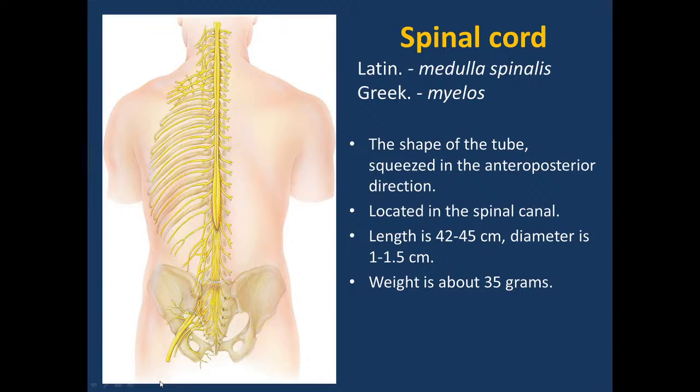As you see, in Latin we name or call spinal cord medulla spinalis. But there is also a Greek name. It is myelos. What is the shape? The shape of spinal cord is it looks like a tube, and spinal cord is located in the spinal canal inside of vertebral canal.